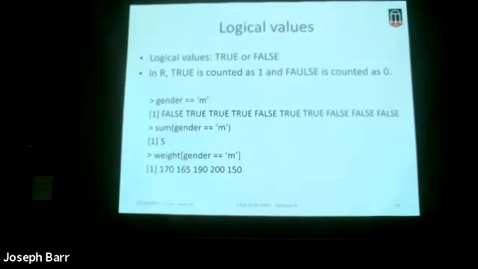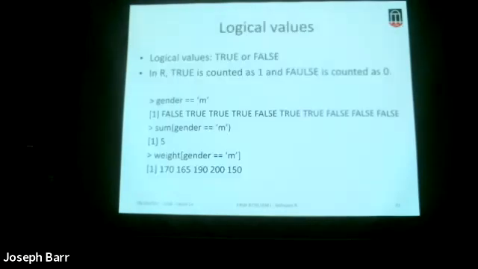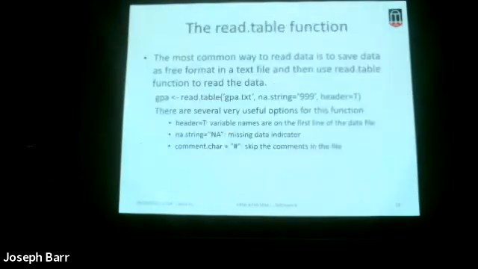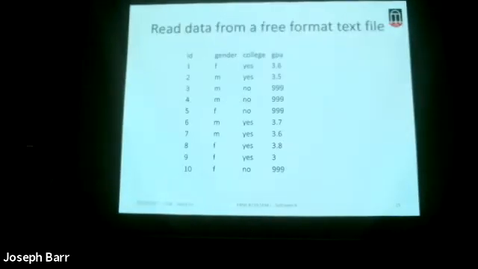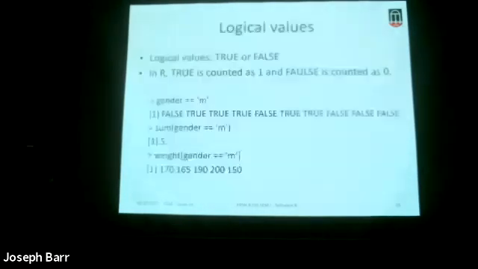So you can just partially choose values from the data set. Okay, we have already gone through a lot of operations here, the read table, and picking out specific columns and rows.